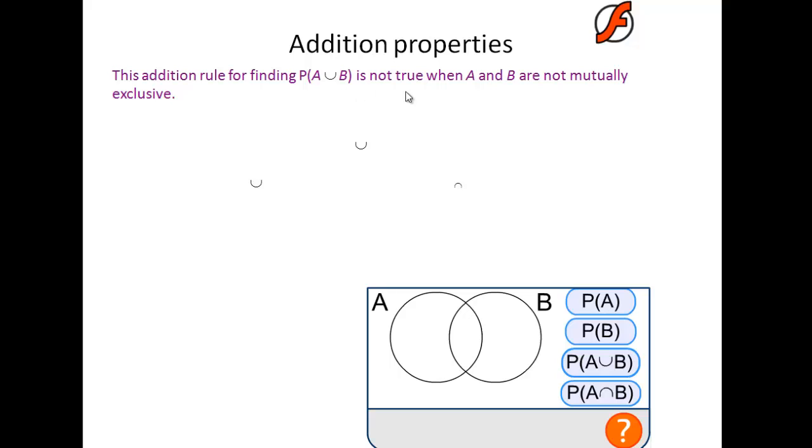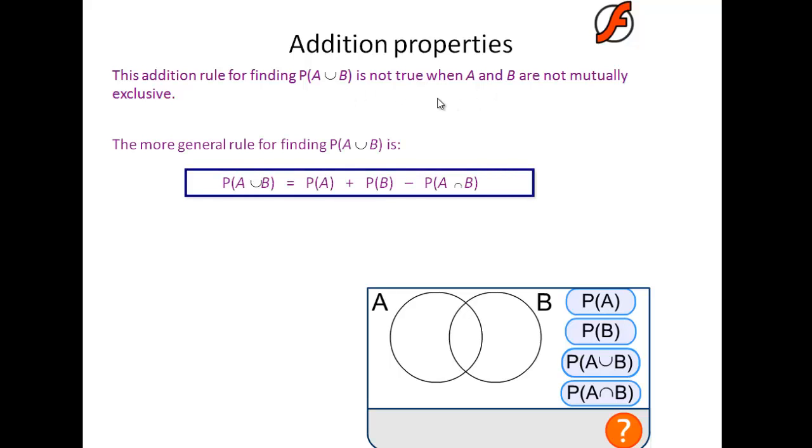If, however, A and B can overlap, they're not mutually exclusive, then this complicates the addition rule a little bit. The probability of A or B now becomes the probability of A plus the probability of B minus the probability of A and B. We have to subtract this area in the middle where A and B occur.